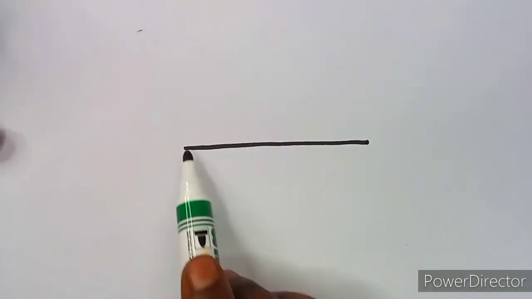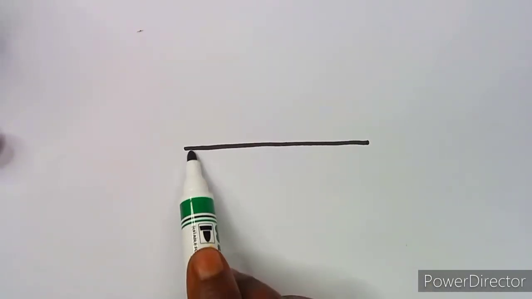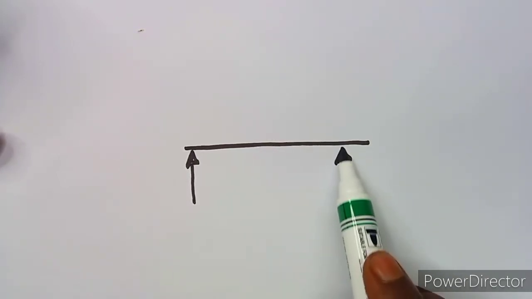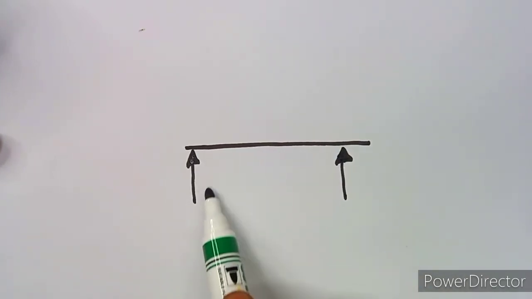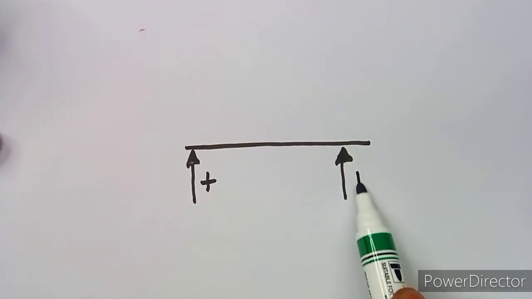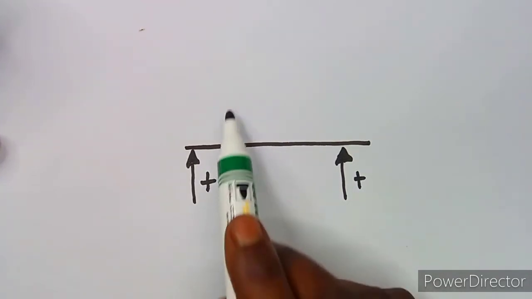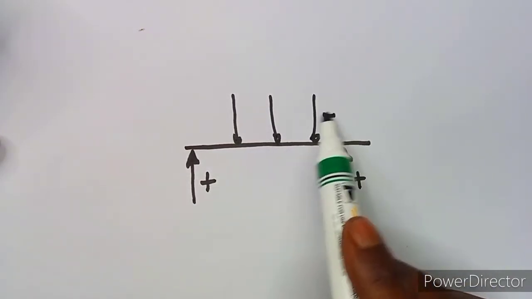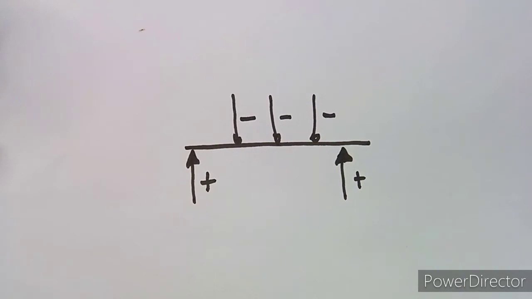I want you to relate back, guys, to this condition. Remember, these are the supports. You are going to be having supports like this, and always the supports are facing upwards, which means they are positive, and all the other forces are going to be facing downwards, carrying negative.